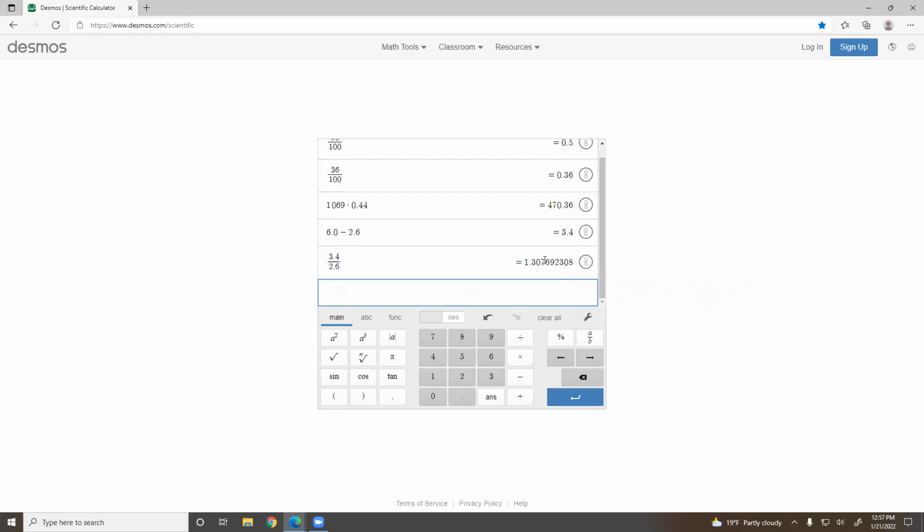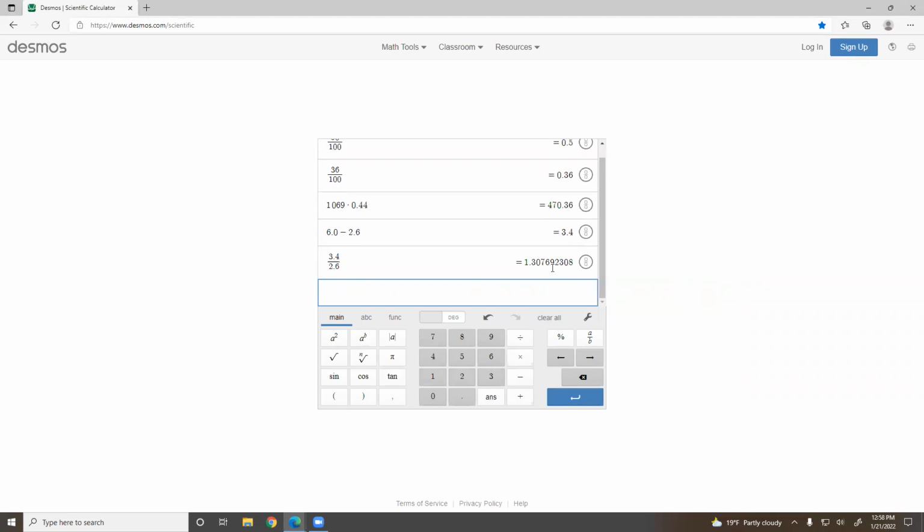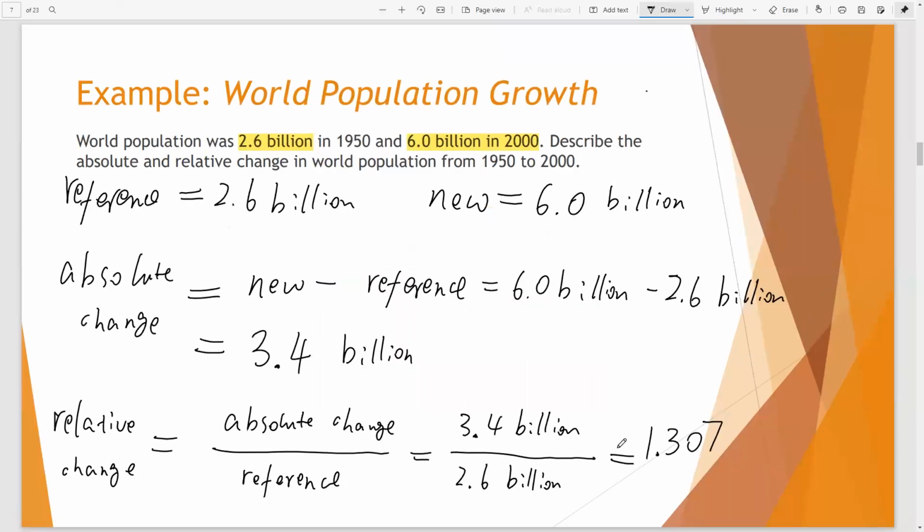And we got what? 1.3076, whatever. And multiply that by 100%, we get 130.769.